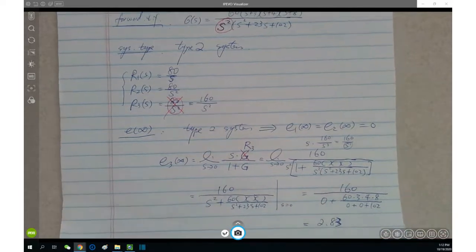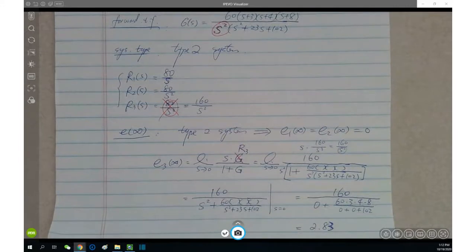Final answer, steady state error for parabolic input for this particular system is 2.83. Finite constant, makes sense.